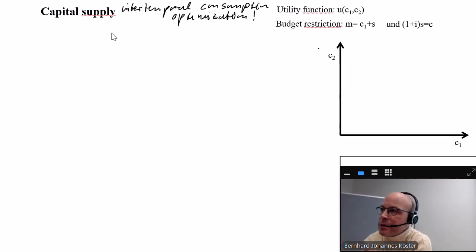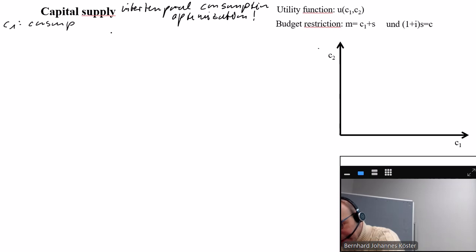Again, we assume that we have two goods. The goods are now C1 and C2, consumption today and consumption tomorrow.